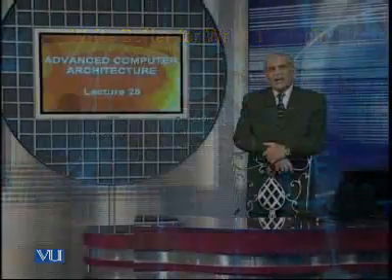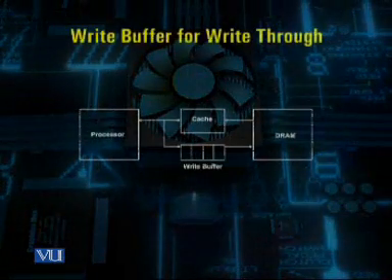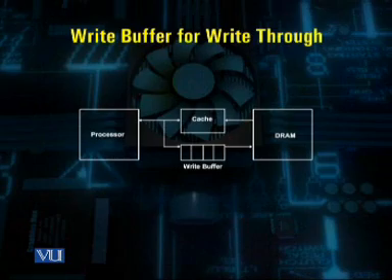Once the data is written into the write buffer and assuming a cache hit, the CPU is done with the write. The memory controller will then move the write buffer's content to the real memory behind the scenes.